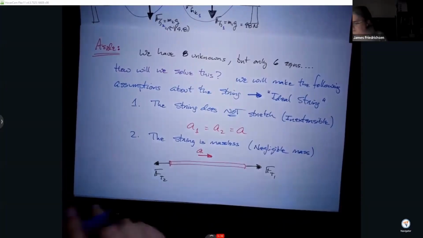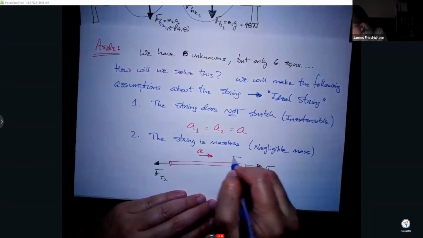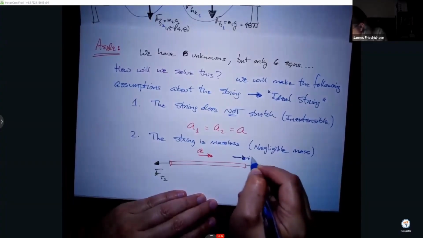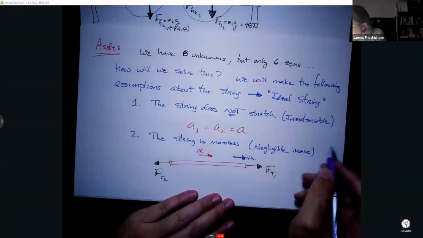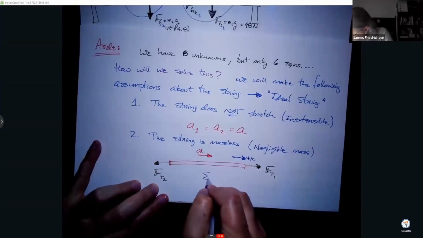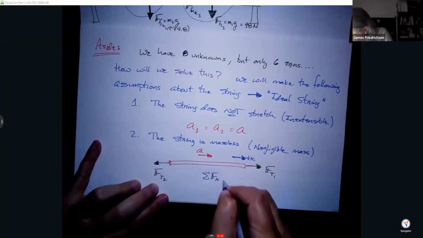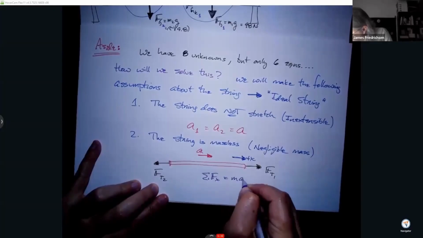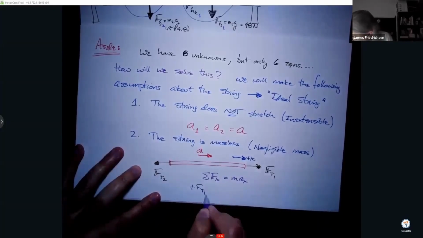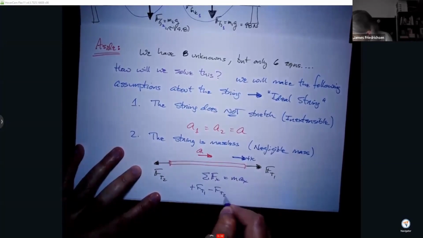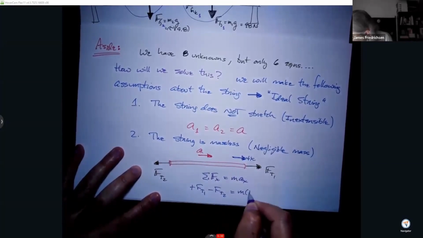If to the right is the positive x direction, and we write down Newton's second law, the net force in the x is equal to m times ax. We would get plus force tension 1 minus force tension 2 is equal to m times plus a.